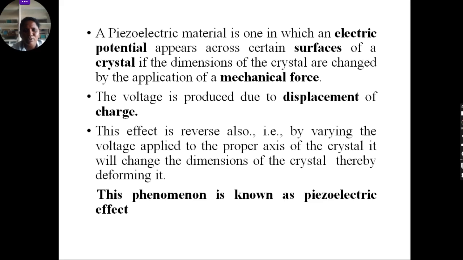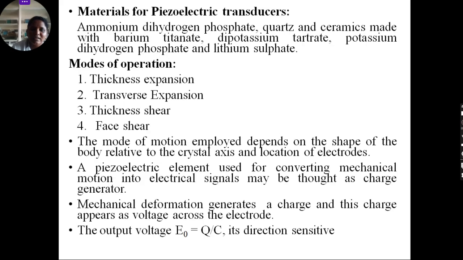The voltage is produced due to the displacement of charge. This effect is reversible: by applying a voltage along the proper axis of the crystal, its dimensions change and it deforms. This phenomenon is known as the piezoelectric effect.